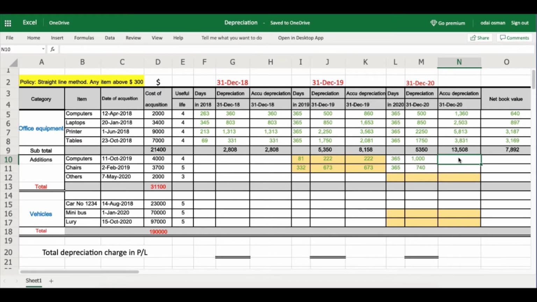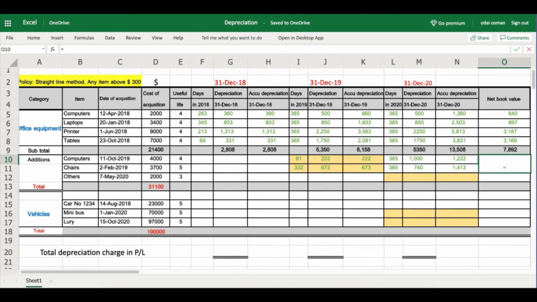So the accumulated depreciation would be equal to the accumulated depreciation from the previous year plus the current depreciation, would give us 1,222, and we need to calculate the net book value. Let's apply this to all. The net book value would be equal to the cost minus accumulated depreciation for the current year, and I'll drag down the formula.